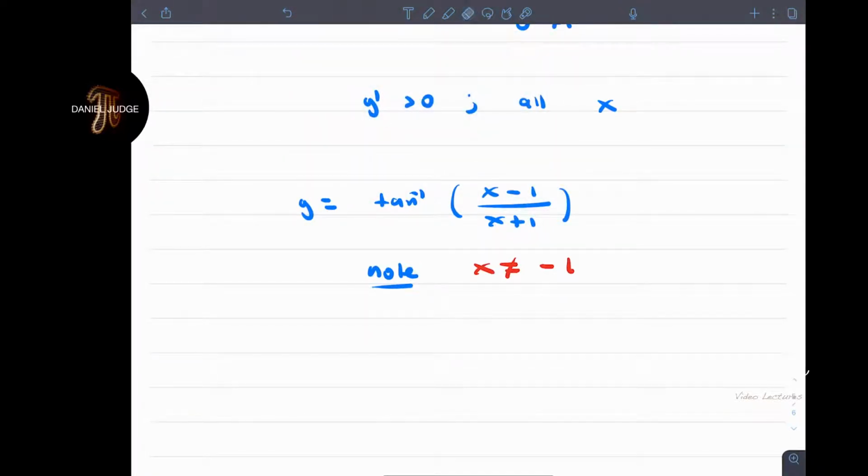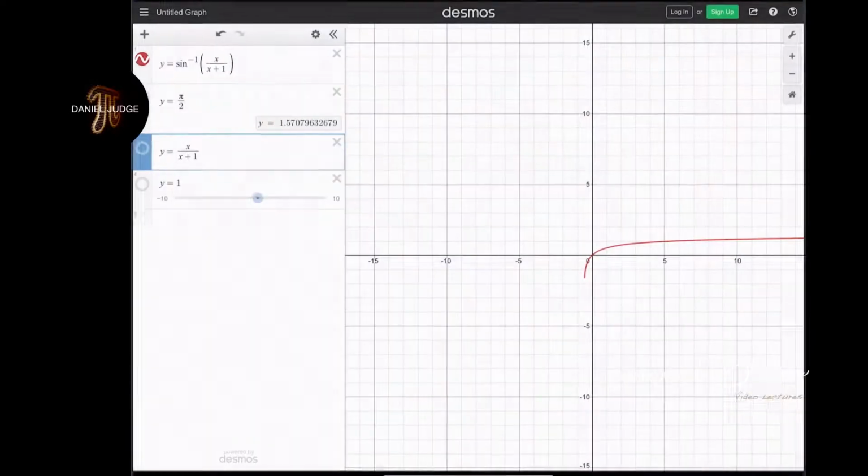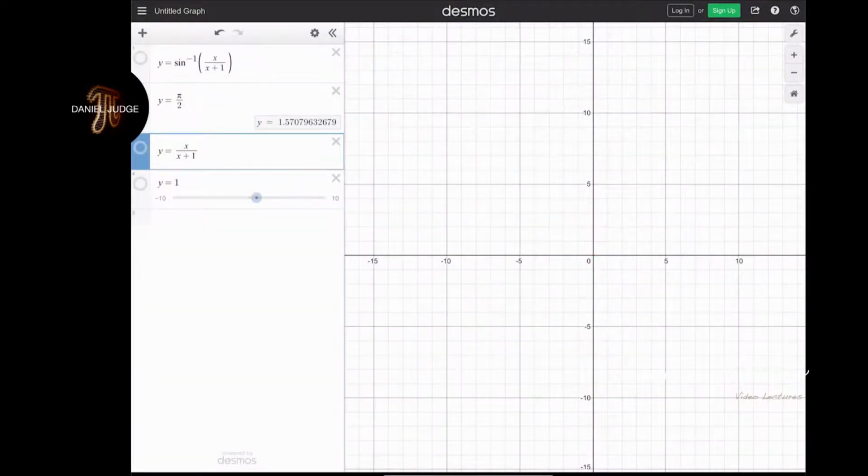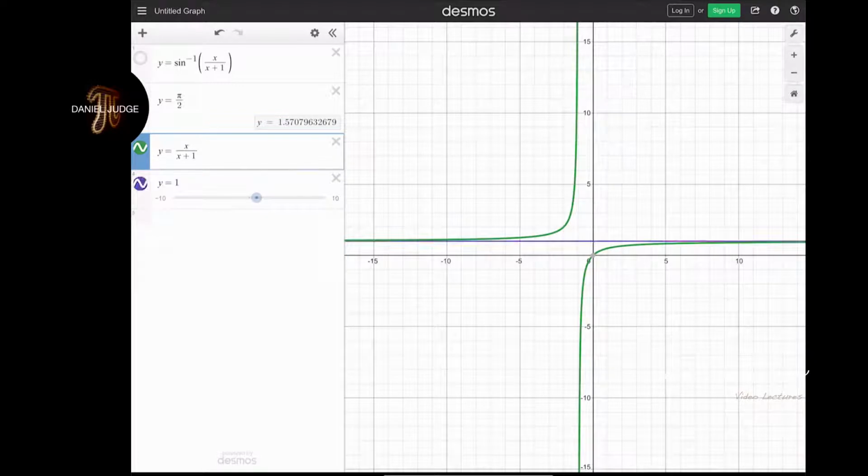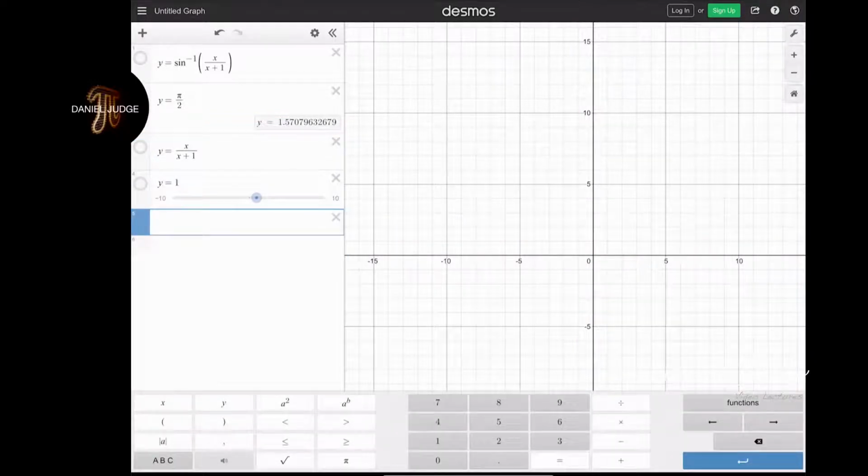So I want you guys to take a look at this in Desmos here. So we're going to get rid of some of these things. Here's what I'm saying.